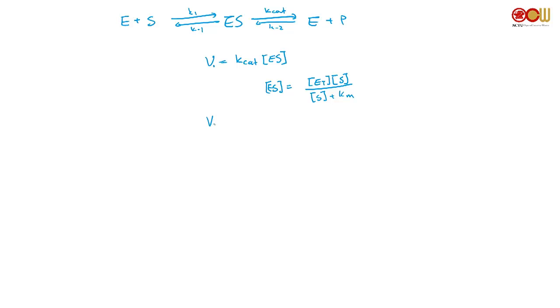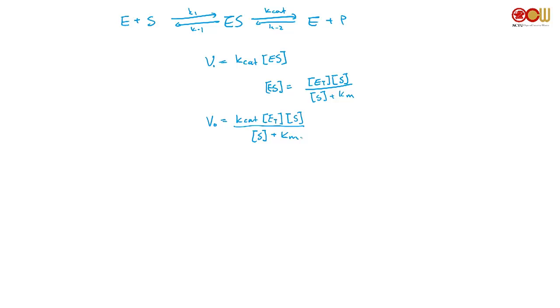So then your V is going to be equal to Kcat times total enzyme concentration, substrate concentration divided by substrate concentration plus Km. So all of that just for this. Now this is a lot easier to quantify, because enzyme total is something you can measure.